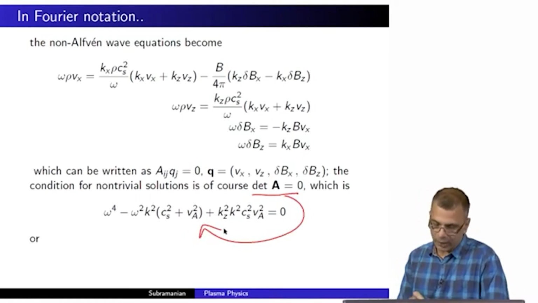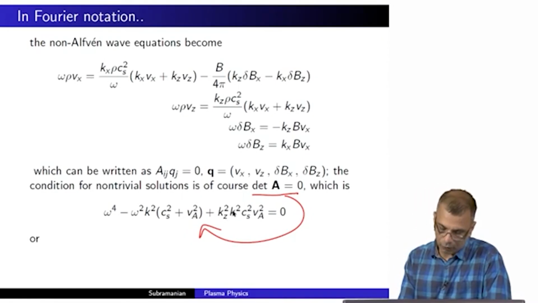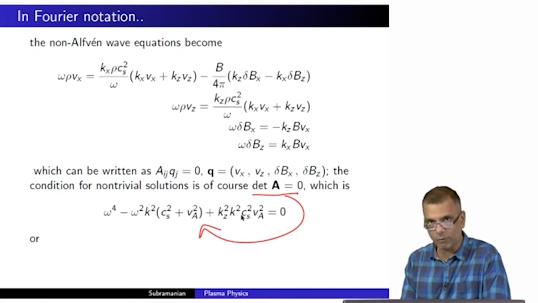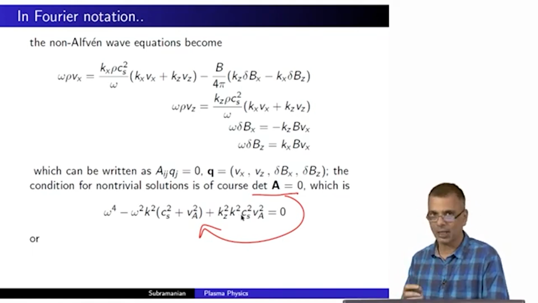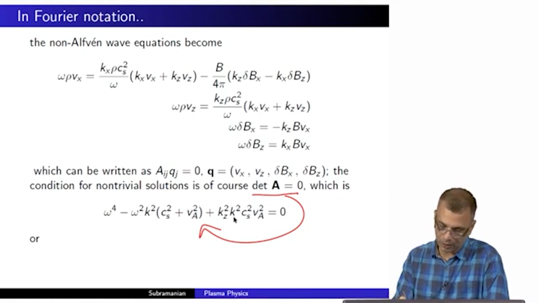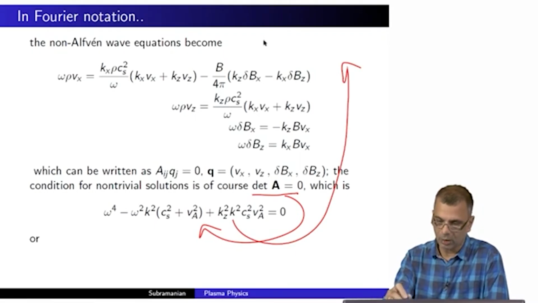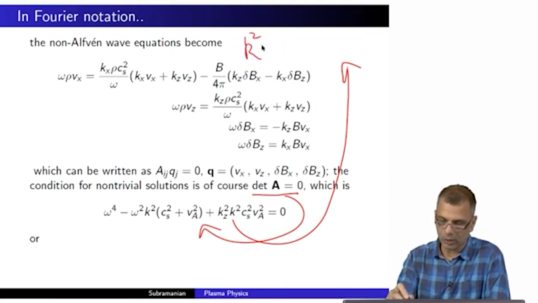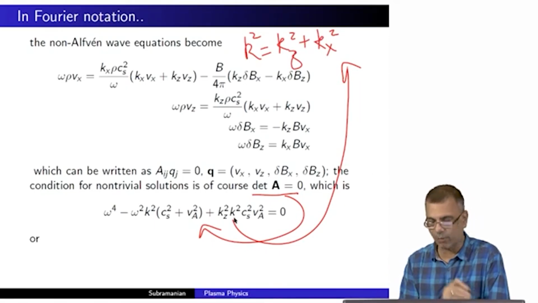So now what we've done is, instead of writing kz and kx, we write kz and k itself, where k is the square root of kz square plus kx square, right? So k square is simply that, that's what this k means.